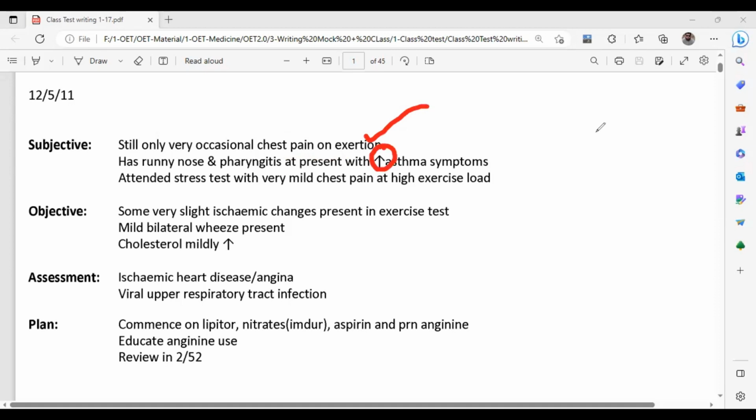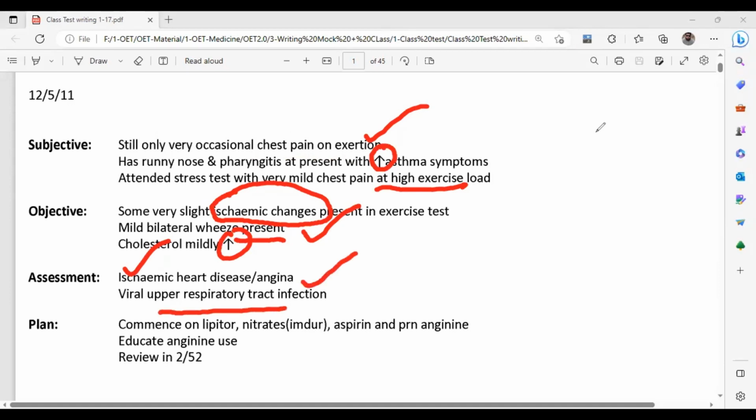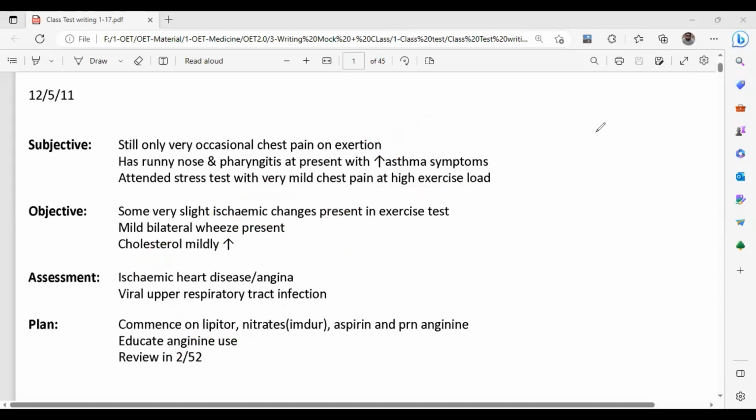The patient had attended an exercise test which confirmed some ischemic changes. Bilateral wheezing was there. Cholesterol was increased, and ischemic heart disease was the suspected diagnosis at that time, with DDs. You had started some medication, educated the patient on the use of inhaler, and reviewed in 2 weeks' time. 2/52 means after 2 weeks, the review was scheduled.